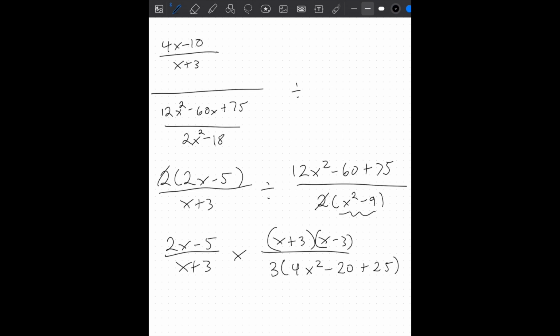And then now this is basically pretty factorable, because we can have 2x minus 5 squared, and that's equivalent to that.